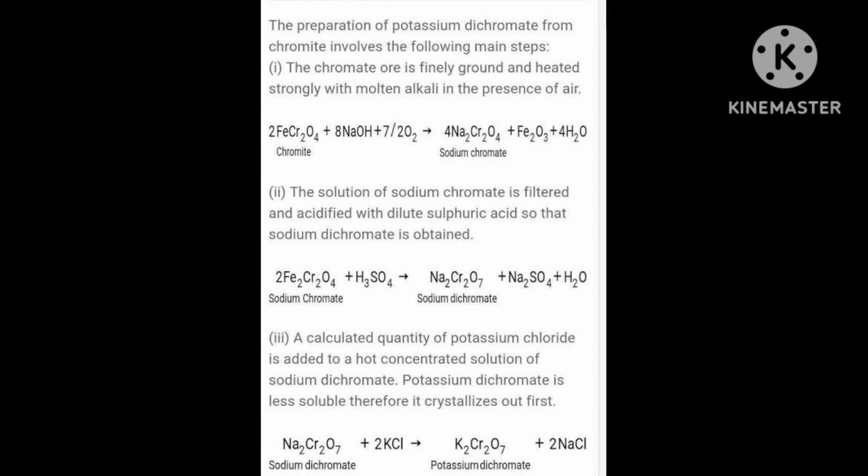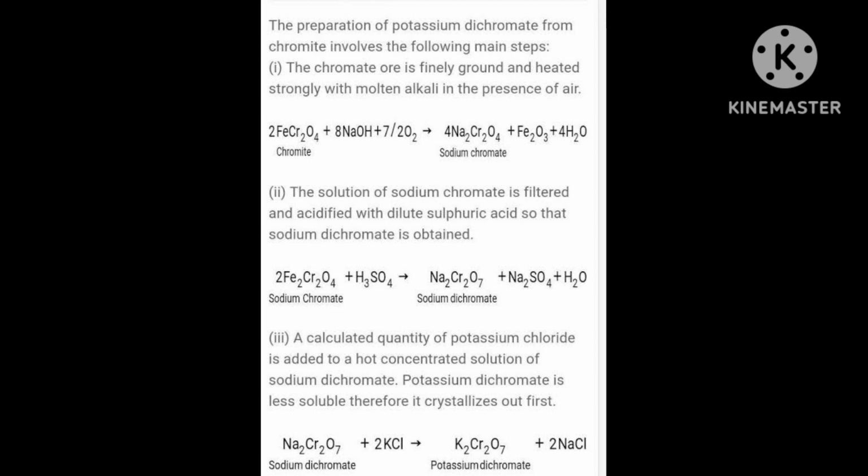Its color is dark green. And this K2MnO4 disproportionates in a neutral or acidic solution.